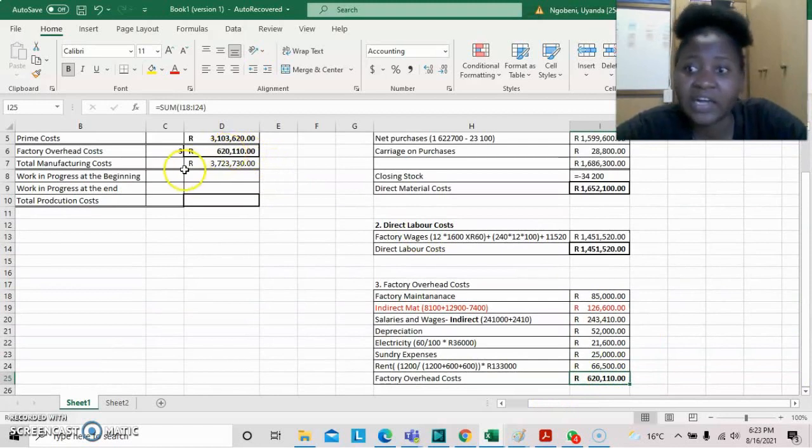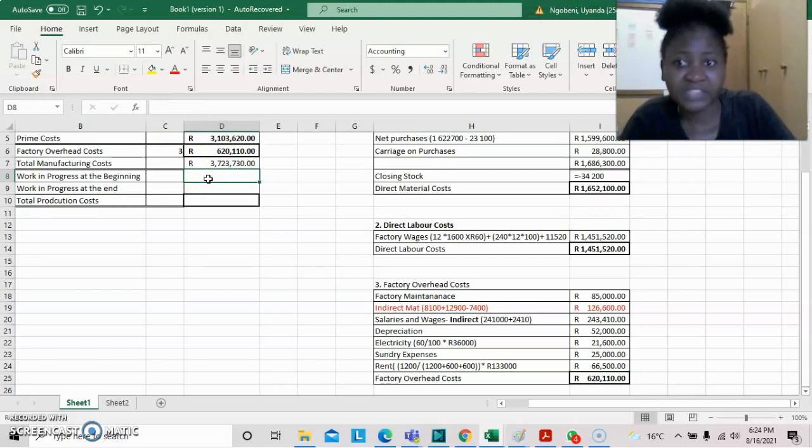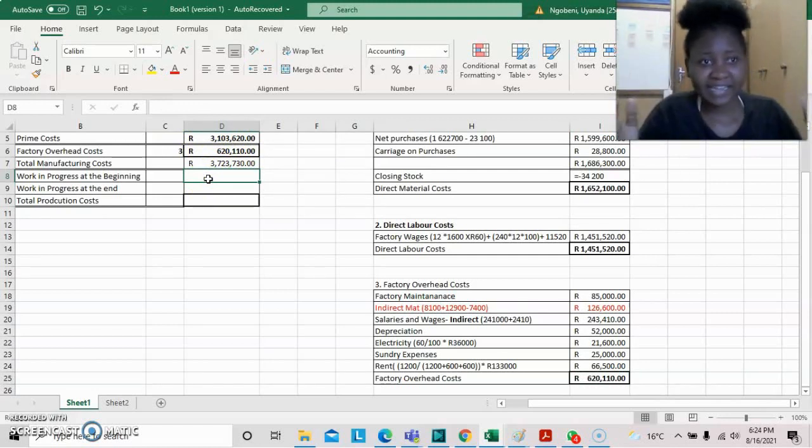Now we can calculate our total manufacturing cost. Total manufacturing cost is prime cost, this amount here, plus factory overhead cost, which is this amount here. Then we can start working out the work in progress at the beginning versus work in progress at the end.